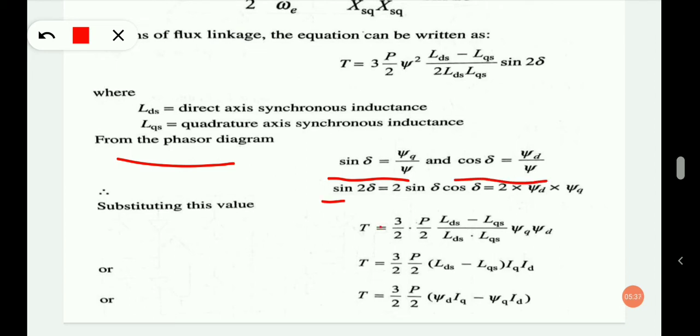So sin 2 del equals 2 sin del into cos del, and that is 2 into psi d psi q divided by psi square. If you substitute the values in the torque equation, then we can write the torque equation this way. The torque equals 3 by 2 into P by 2 into (LDS minus LQS) upon LDS into LQS into psi q into psi d.